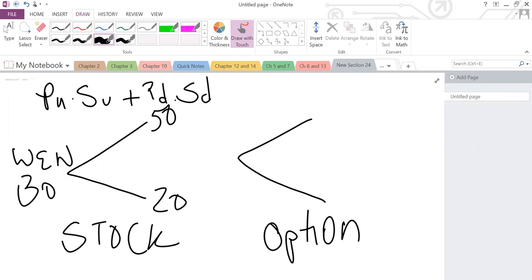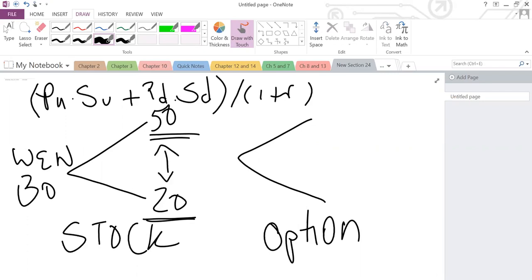That applies to this particular stock, and to any kind of asset, if we only have two scenarios, a good state of the world or a bad state of the world. Then we have to acknowledge that this is happening in the future. So whatever we have here, we need to divide by 1 plus r, where r simply represents a discount rate, so we can get this expected value between these two possible outcomes.